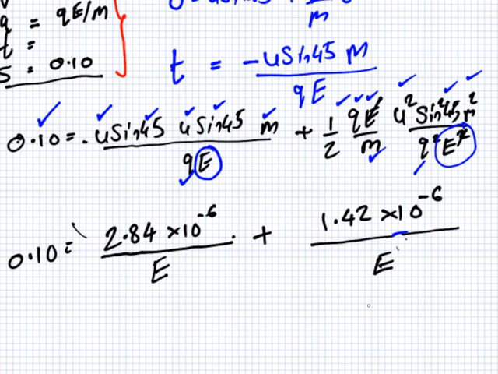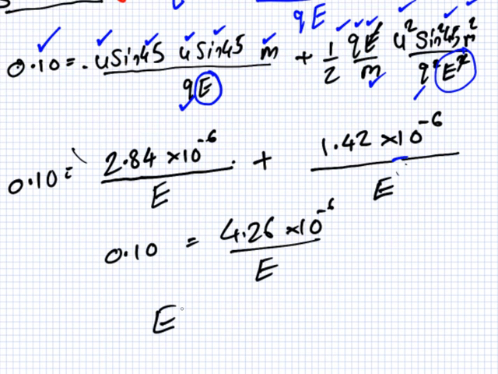So what I'm going to do is add them together. So 1.42 plus 2.84. So I'll get 0.10 equals 4.26 times 10 to the minus 6 over E. So now I have E equals 4.26 times 10 to the minus 5.